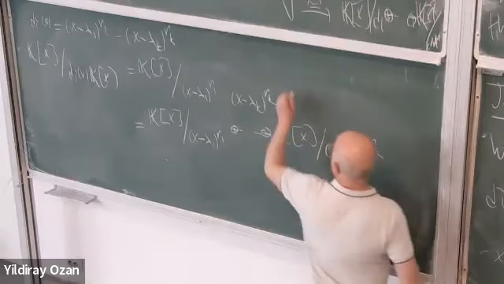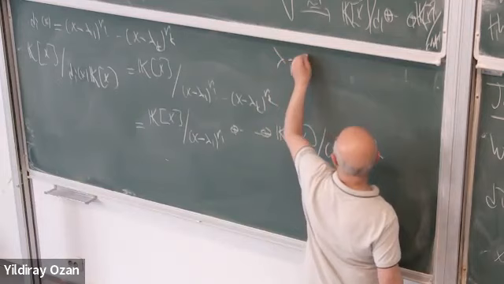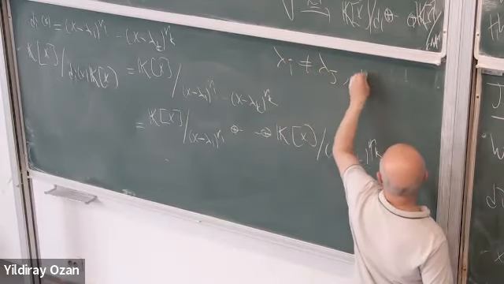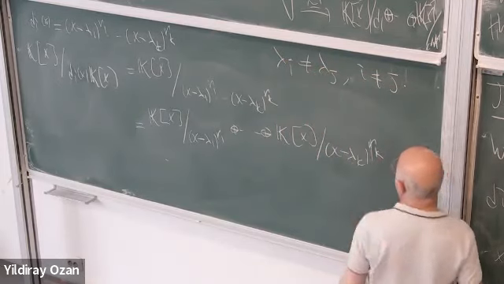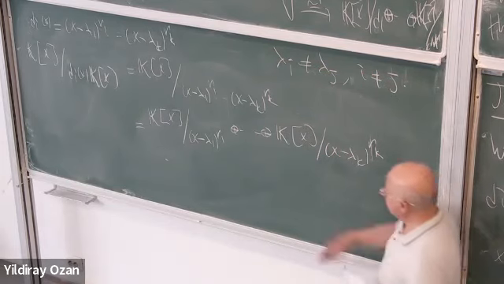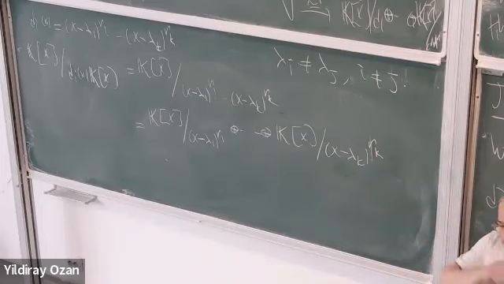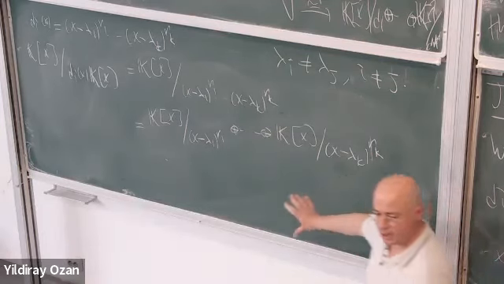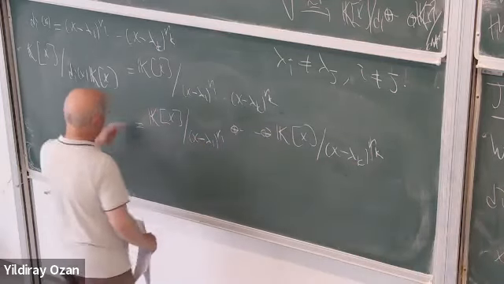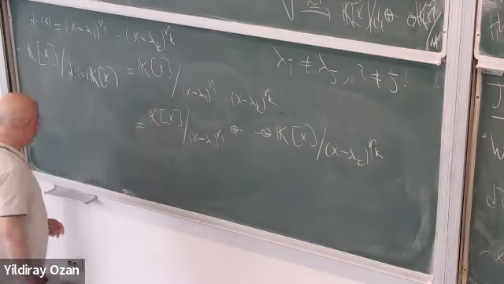Here, of course, I am assuming that these lambdas are distinct. Then this thing is equal to this thing.